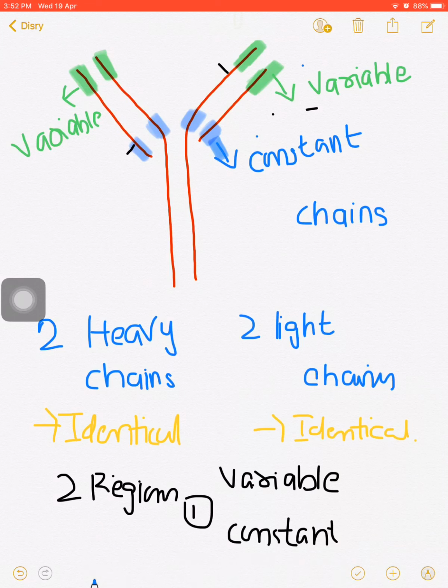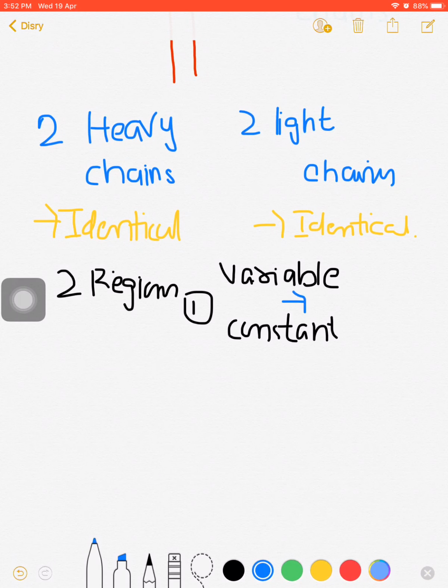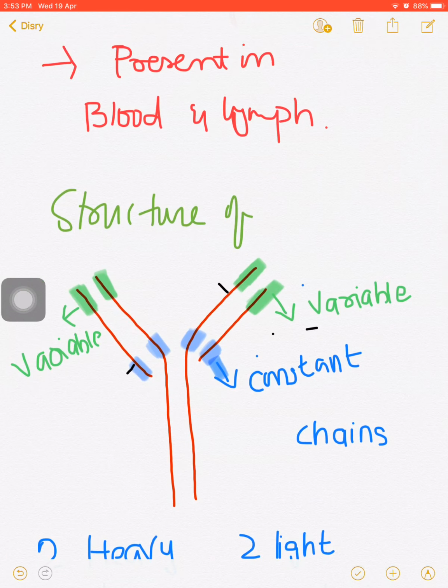The variable region is known as the binding site, and the constant region is known as the functional site, or the site which makes the structure. So I hope the structure of this antibody is clear to you.